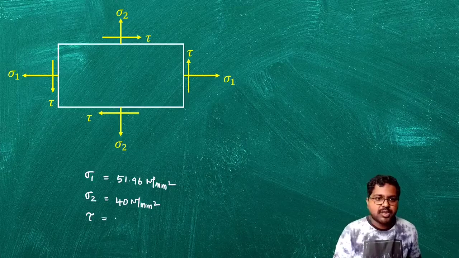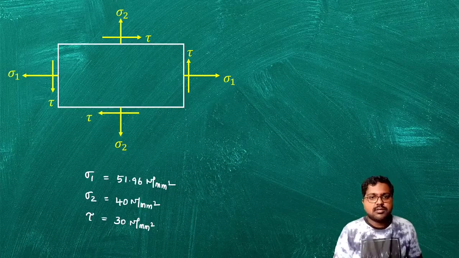Tau will be equal to 30 Newton per mm square. With this data, now we have to identify the principal planes and the values of the principal stresses.